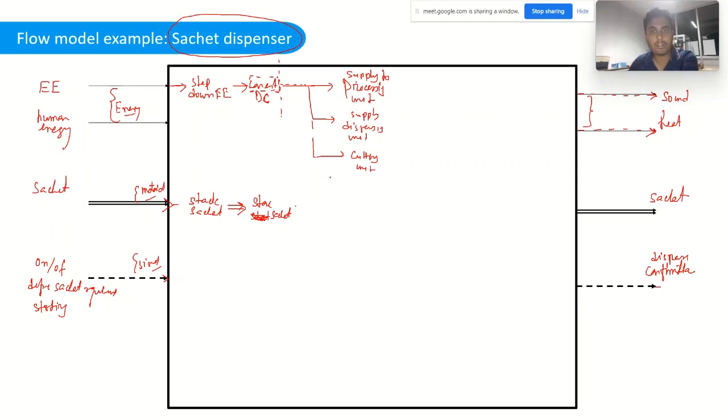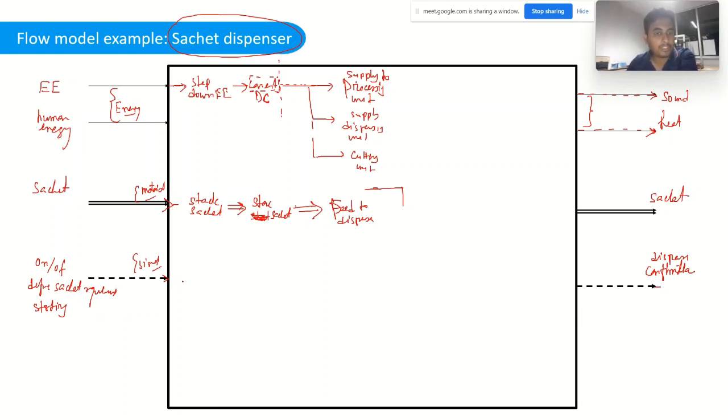But feed to what? We feed it to the dispensing unit. So there should be some sort of dispensing unit. So feed to the dispenser.